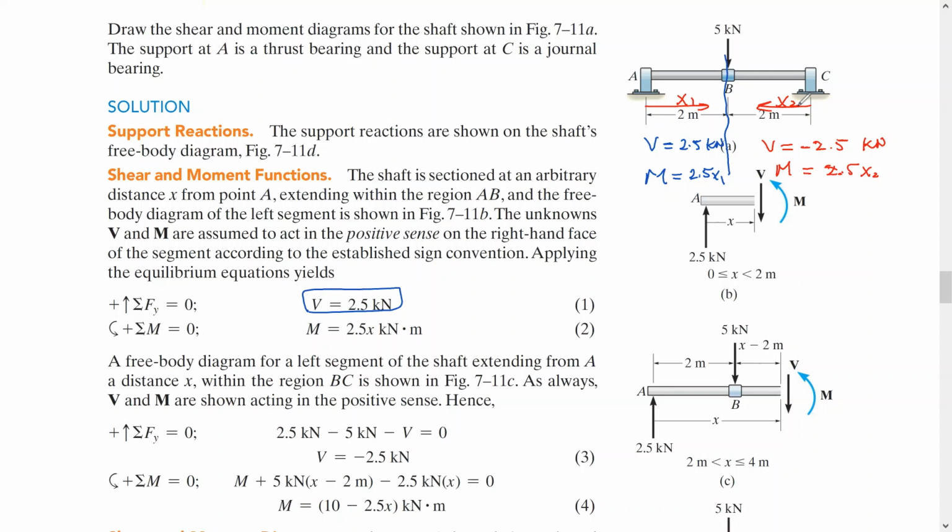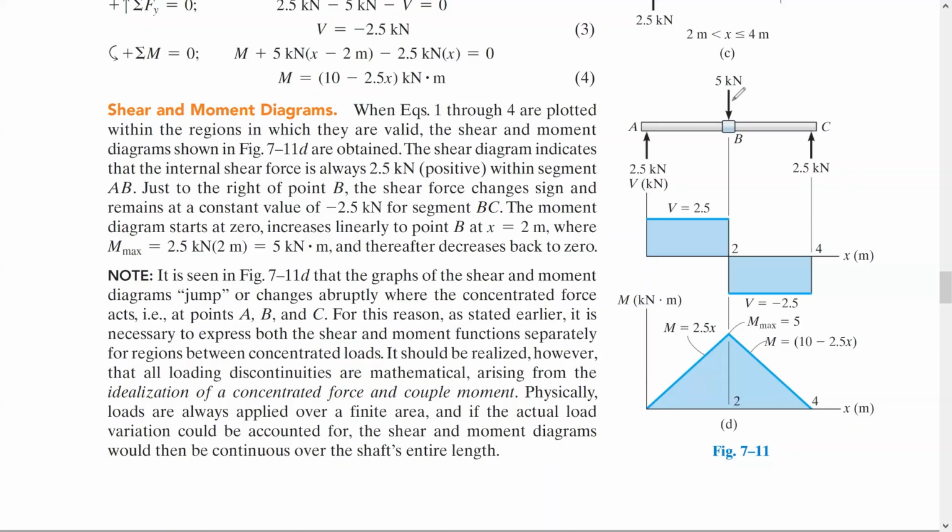Let's do that. I told you within this range we have V equal to 2.5. It's a constant. This is the shear. Here is positive, here is negative, when we talk about this axis.